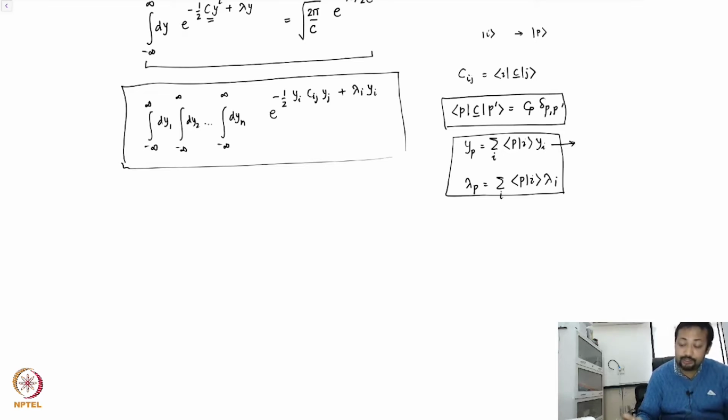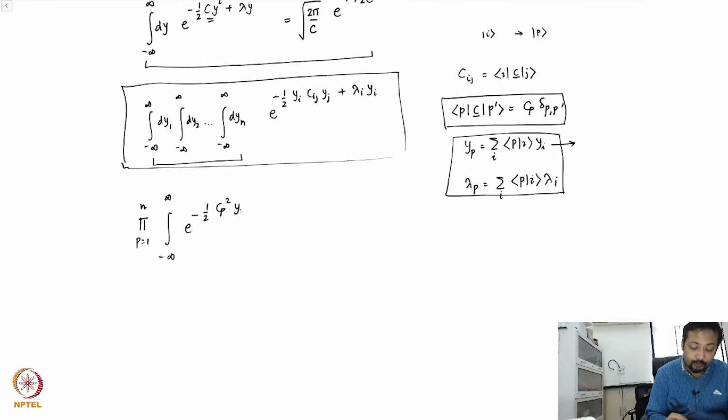You can use this relation to determine the Jacobian of this matrix, and your integral, this whole part, now becomes the product over p equal to 1 to n of the integral from minus infinity to plus infinity e to the power minus half cp yp square plus lambda p yp, which is going to be the product over p of twice pi over cp raised to the power half, e to the power lambda p square over twice cp.